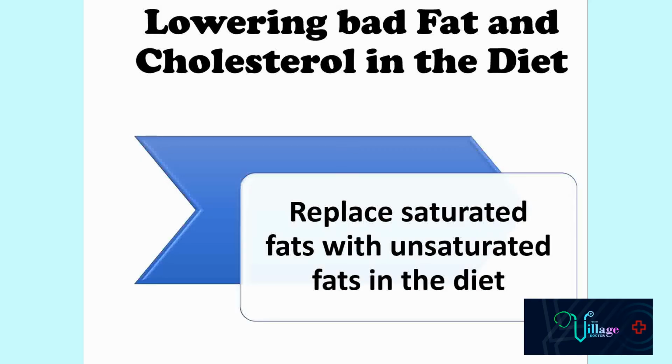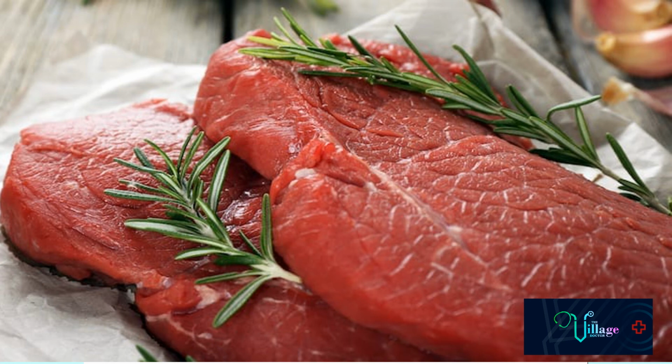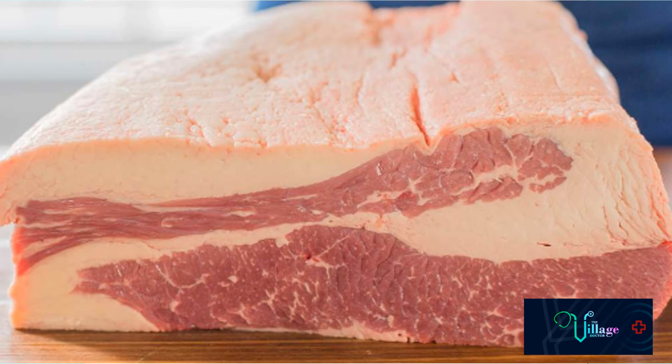We need to replace saturated fats with unsaturated fats in the diet as much as we can, so maybe fish and vegetable oil for the saturated fats, the solid fats. Then we need to get into the habit of choosing lean cuts of meat whenever we purchase meat, versus what we do all the time, trying to look for the nyama nsava, the one which is more fatty.